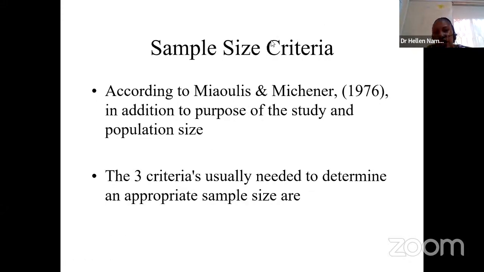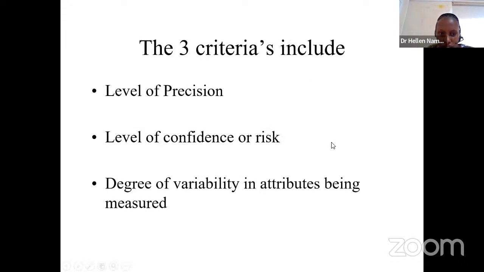So apart from the possible answers I mentioned earlier, for example the purpose of the study, the population size, and the allowable sampling error, it is also important to add three criteria as you want to determine the appropriate sample size.